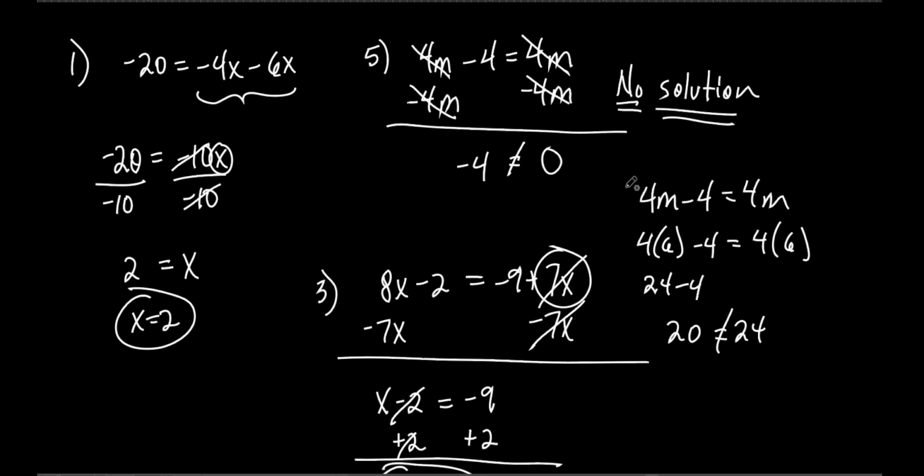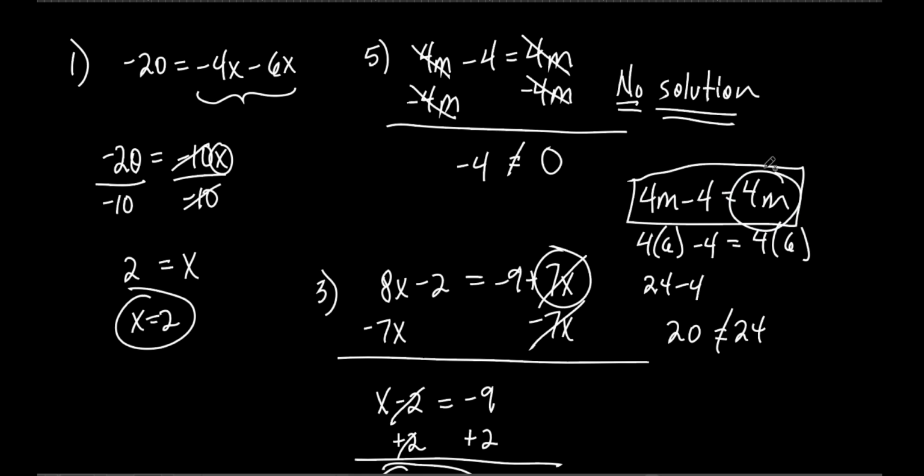If you think about it, look. If I take a number, right, 4m, and I subtract 4 from it, will I ever be left with what I originally started with, the 4m? No, because what am I doing to that 4m? I'm taking something away from it, which changes the value of it, correct? So if I go 4m minus 4, there's no way that's going to equal what we started with.